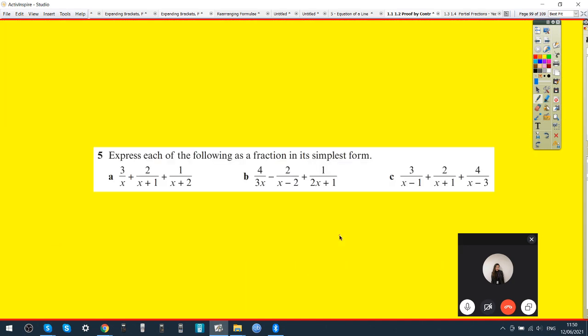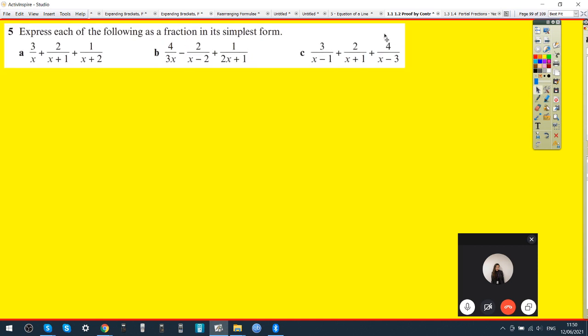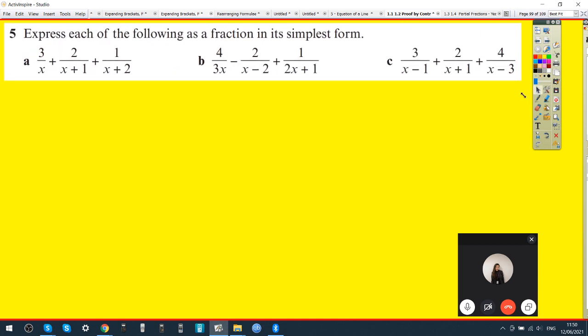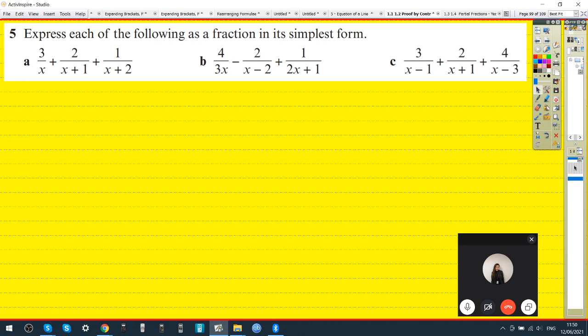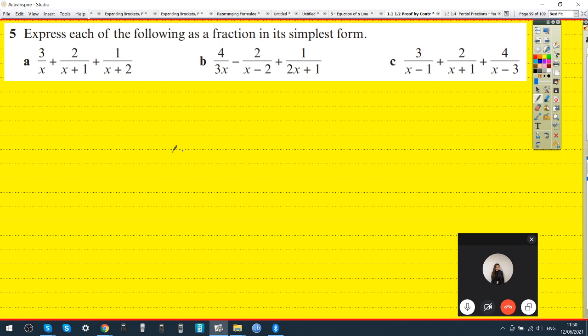All right. Common denominator for A. Would you want to multiply each denominator by each other denominator?